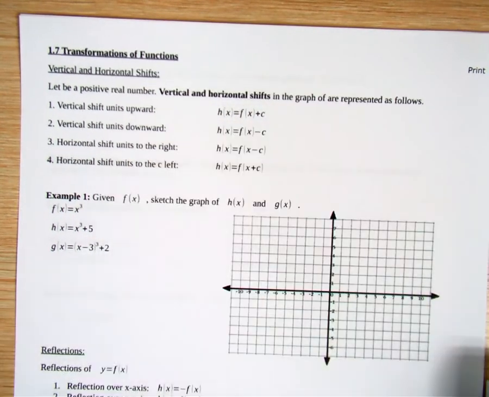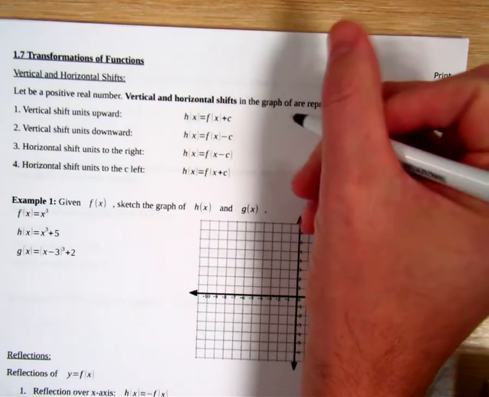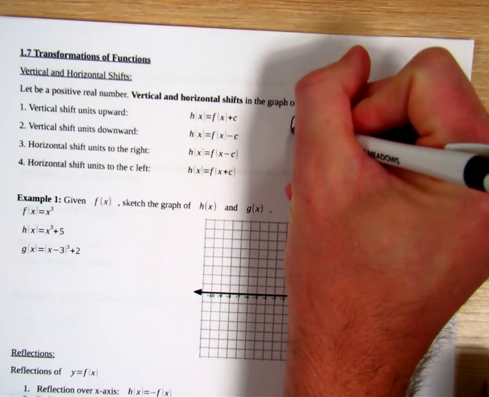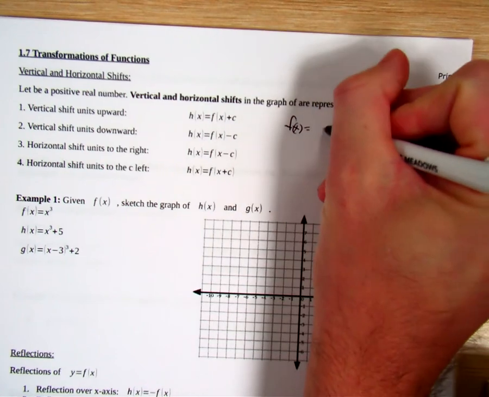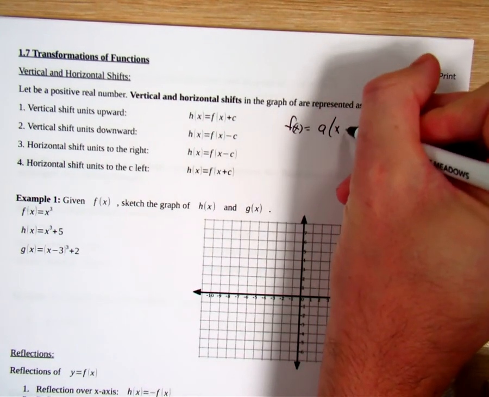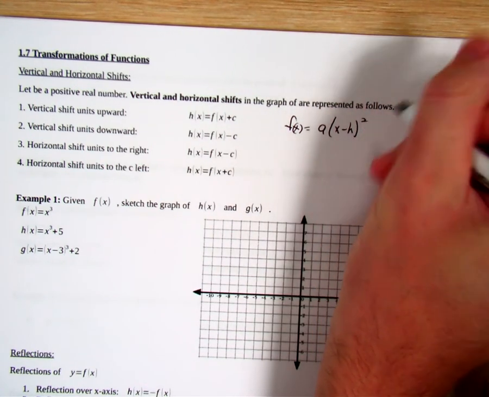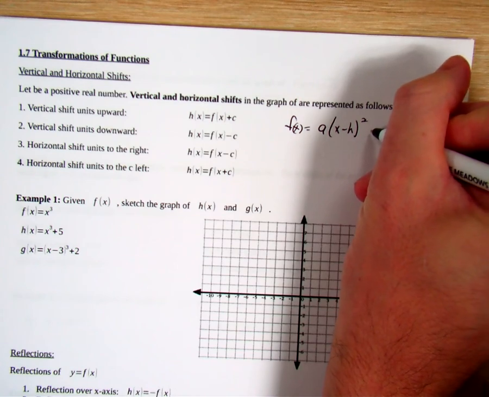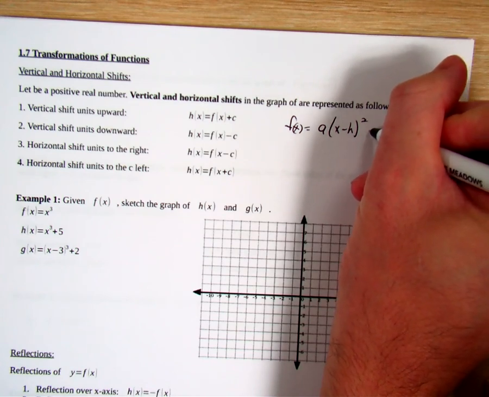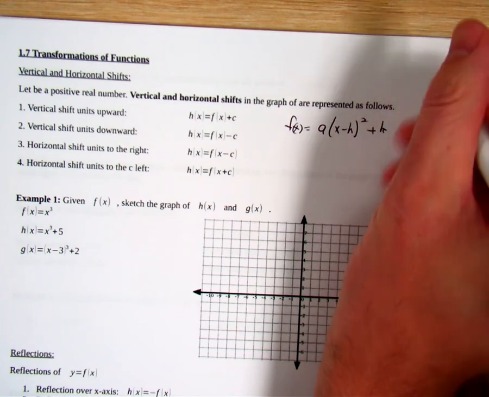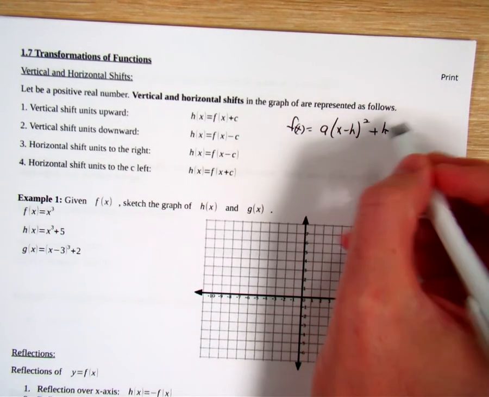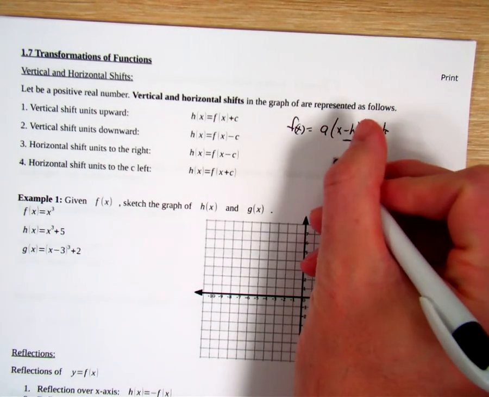This looks a little funny. Maybe you would have seen it last year like this: a in the front, (x minus h) squared, plus or minus k. In here, it's going left or right.